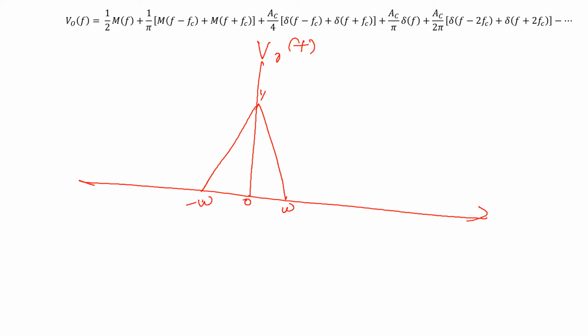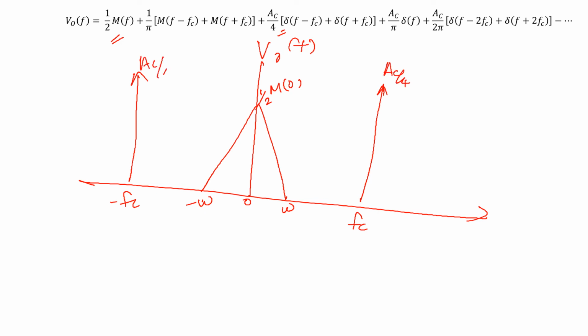So what will be your amplitude? 1 by 2 into m of 0. Next you will be having your carrier frequency, right? So plus fc, here you will be having minus fc, right? So what is your amplitude? AC by 4, and here also it is going to be AC by 4.